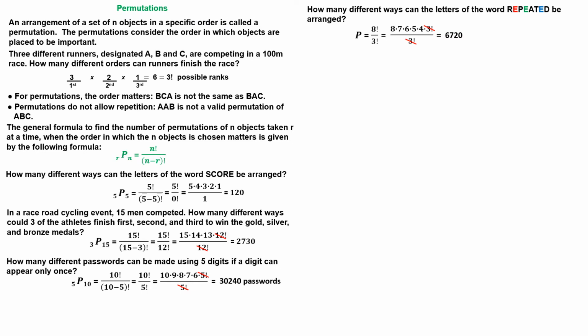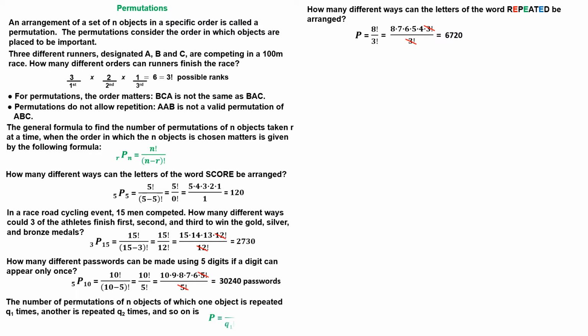This is a particular example of the following general result. The number of permutations of an object of which one object is repeated q sub 1 times, another is repeated q sub 2 times, and so on is given by the formula.